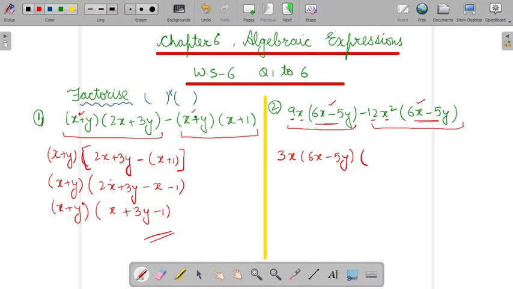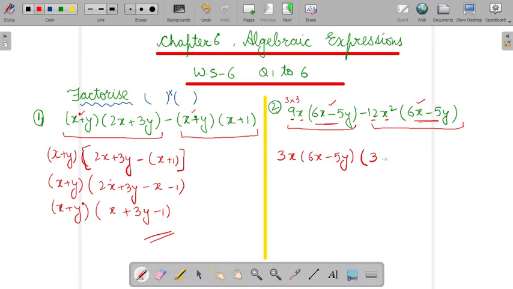Now we will put the bracket. Now from the first term we have taken out 3x and 6x minus 5y. Now what will be left? Out of this 9, because 9 can be split up as 3 into 3, so one 3 we have already taken out, so one 3 will be left. And x and 6x minus 5y we have already taken out, so you will not write it.